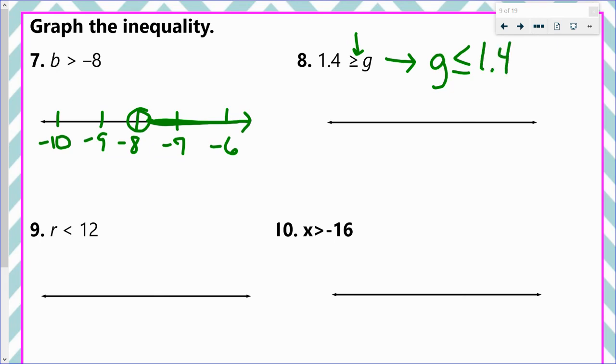Then 1.4. Now, decimals, you might be like, oh, man, what do I count by? Let's just count by tenths. 1.4, 1.5, 1.6, 1.3, 1.2. Now I'm going to go, it's less than or equal to. So I need a closed circle on 1.4, shading to the left.